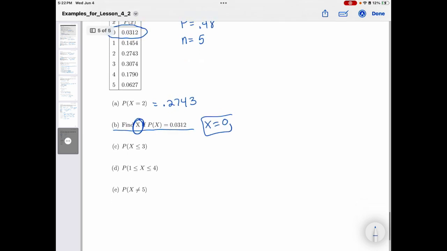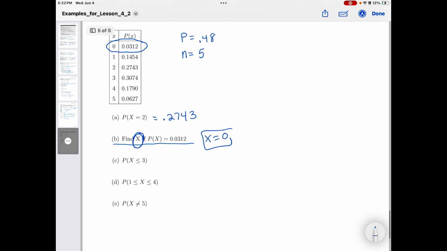Okay, finding the probability that x is less than or equal to 3. So that's any of the values of x that's less than or equal to 3. So we're going to add 0.0312 plus 0.1454 plus 0.2743. We're going to include 3 in this case because it says less than or equal to 3.